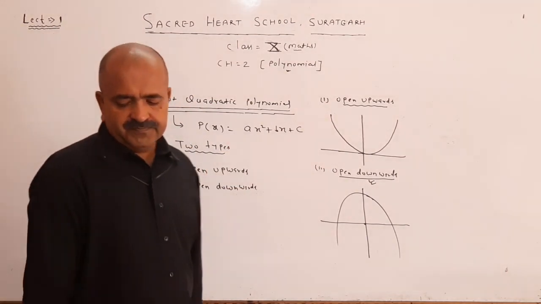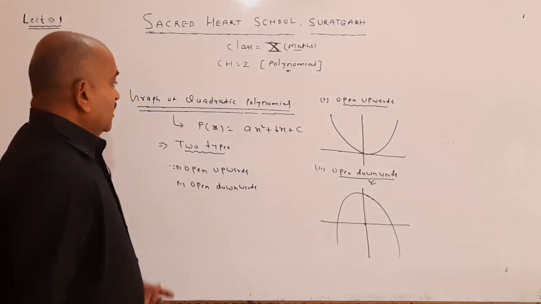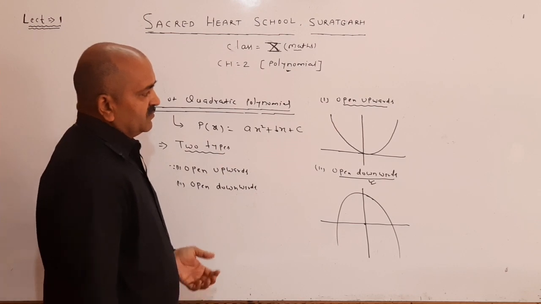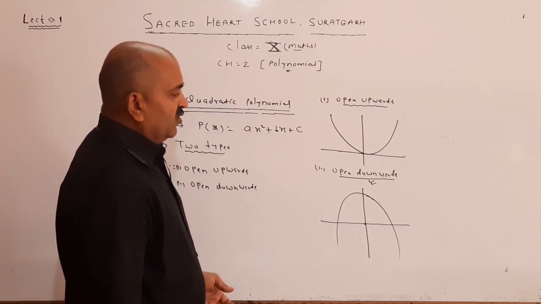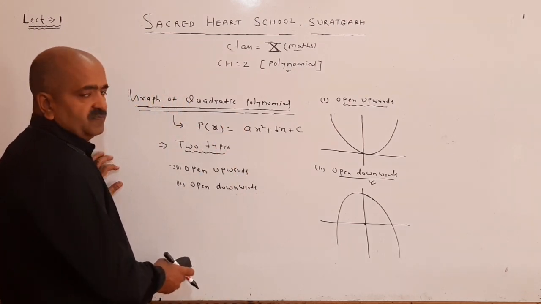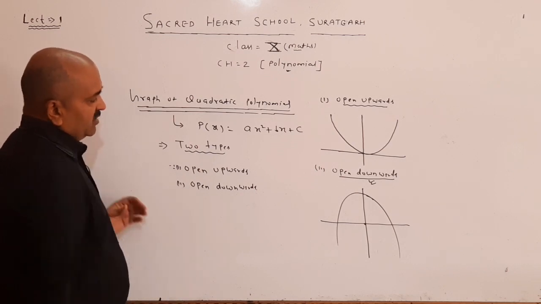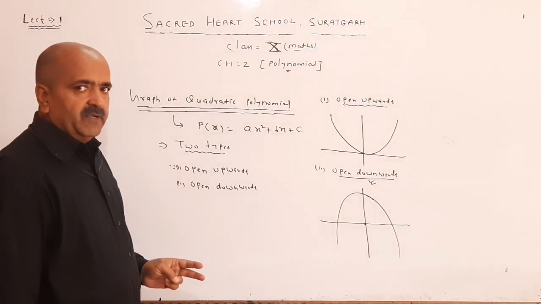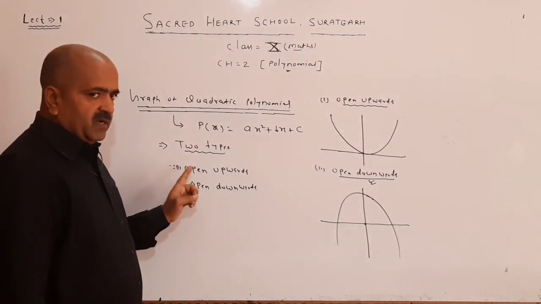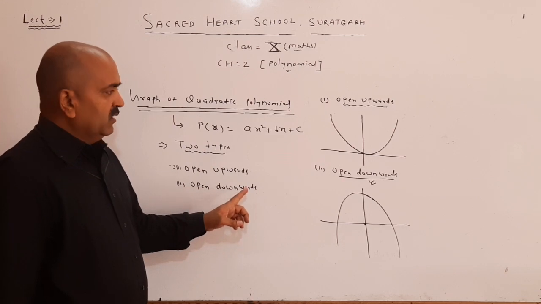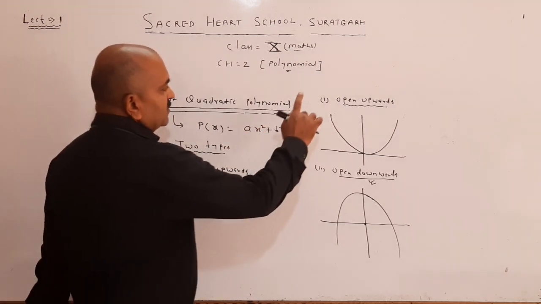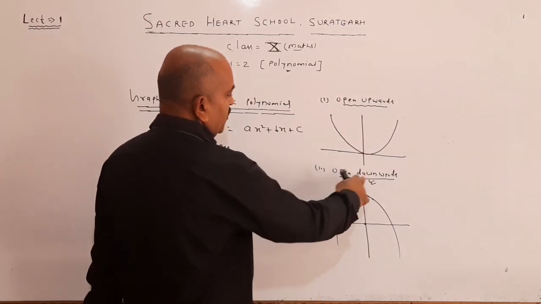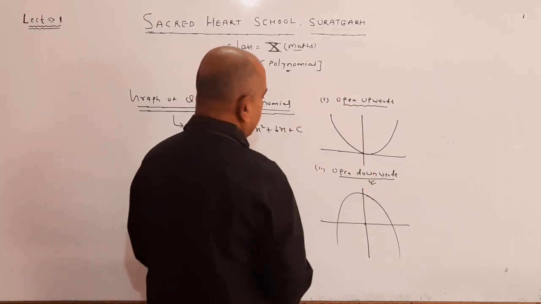But students, without drawing the graph, if we want to find whether it is open upward or open downward, then we use this process. So students, there are two types of graph of a quadratic polynomial. Number one, open upward. Number two, open downward. Open upward means the upside is open, and open downward means the downside is open.